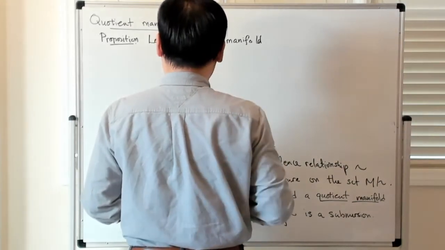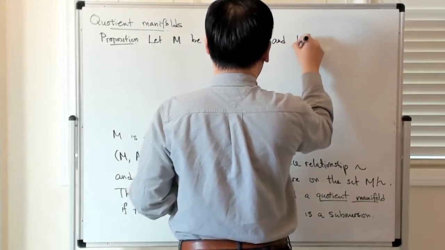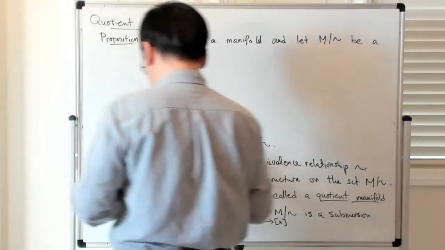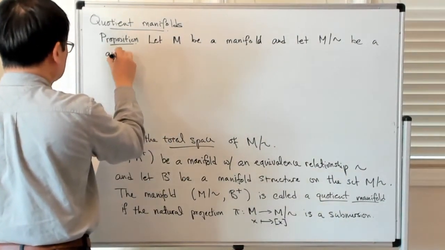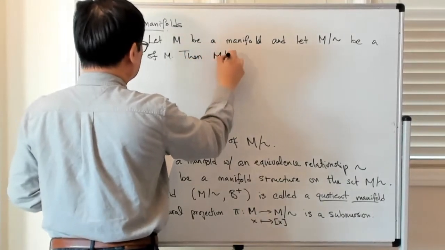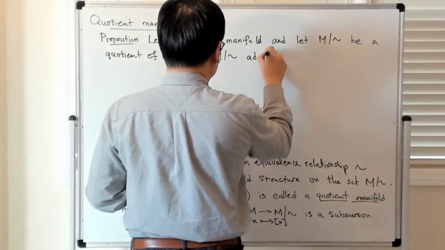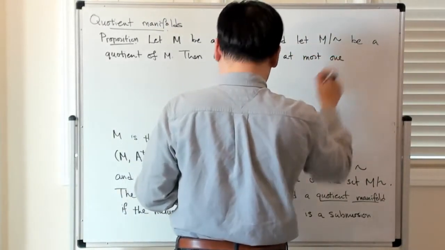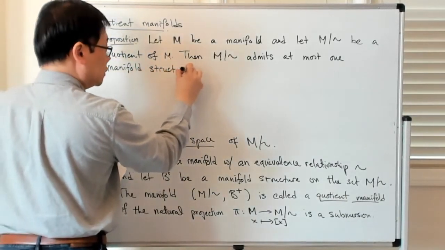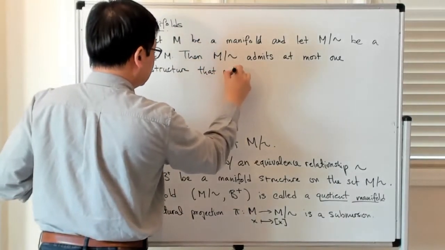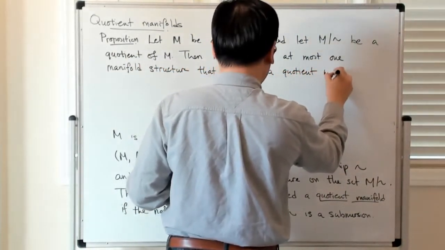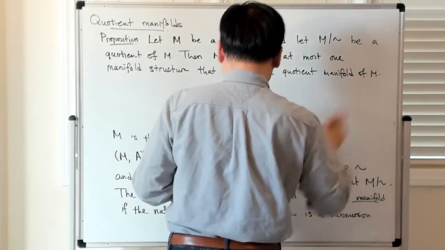Okay, so let M be a manifold, and let M quotiented by the equivalence relationship be a quotient of M. Then M quotiented by the equivalence relationship admits at most one manifold structure that makes it a quotient manifold of M. Okay.